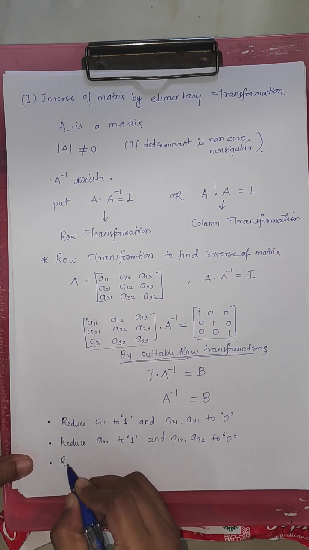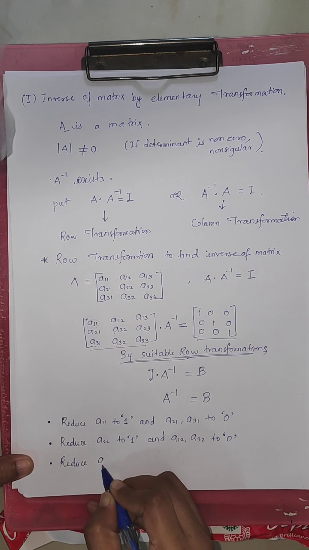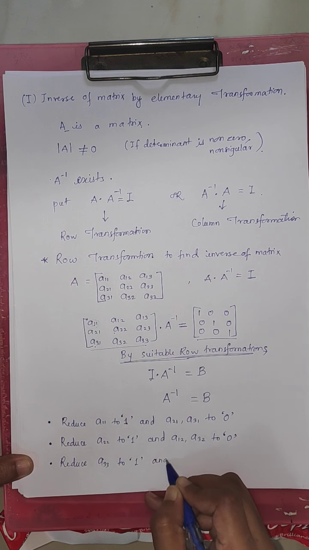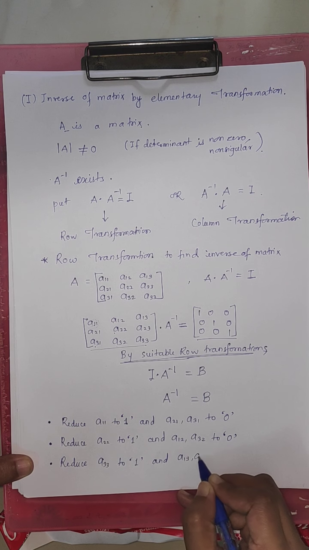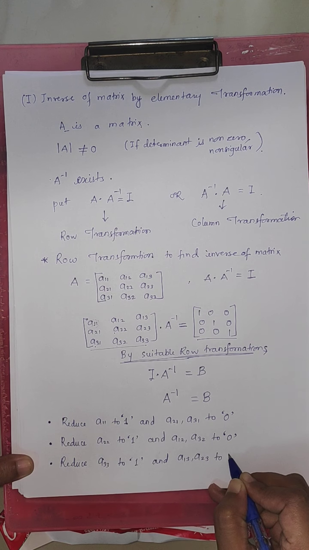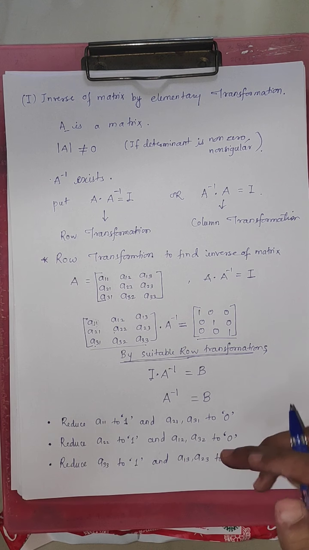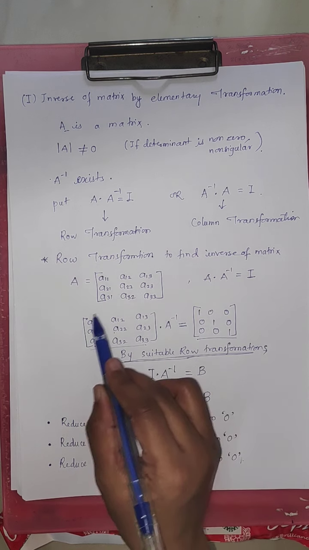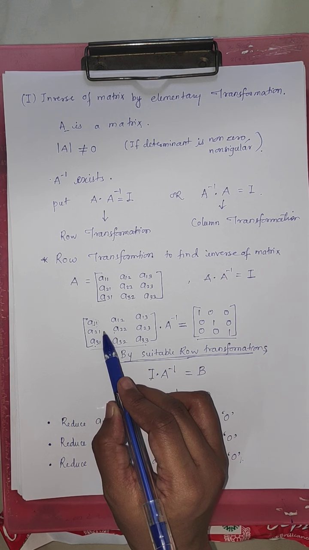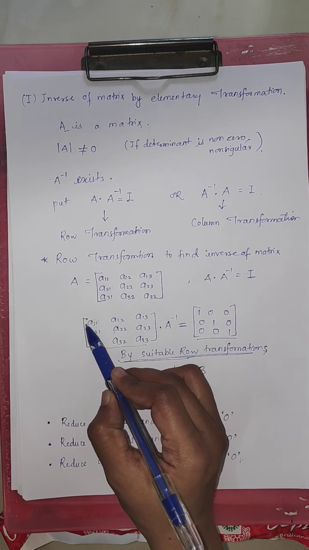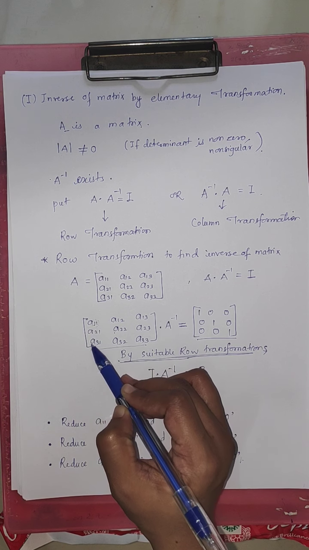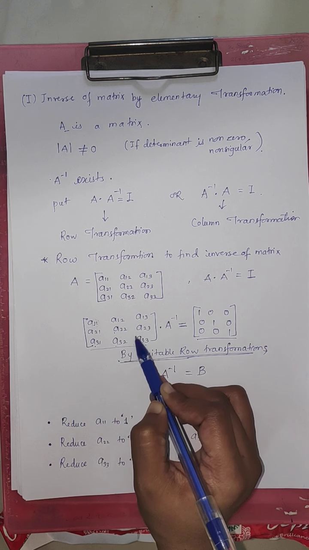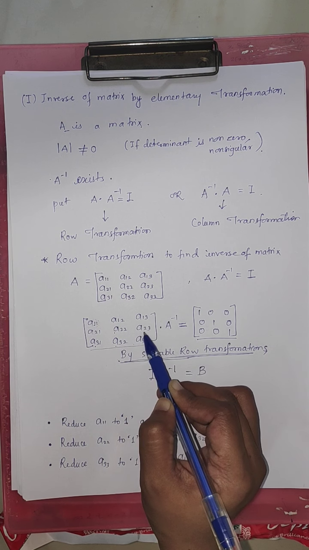Next step, reduce A33 to 1 and A13, A23 to 0. So these are the steps we have to follow for suitable row transformation to convert this into identity matrix. What are the steps? First make this 1 and these two 0, then make this 1 and these two 0, then make this 1 and these two 0.